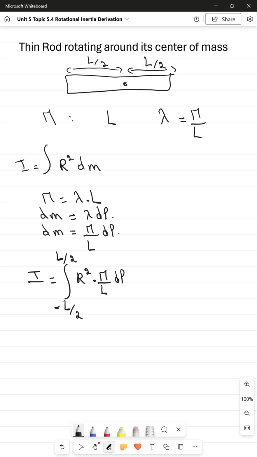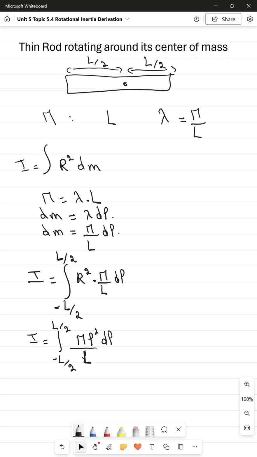Now, this r is what we are going to change. So that will be I equals the integral from minus L over 2 to L over 2 of m l squared dl over L.